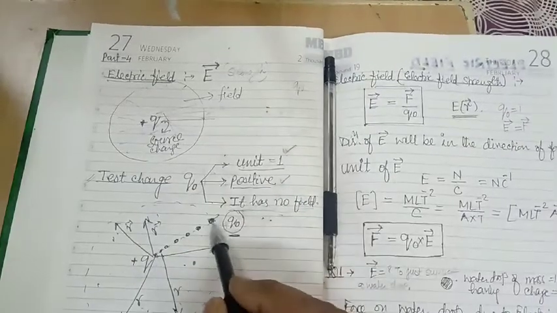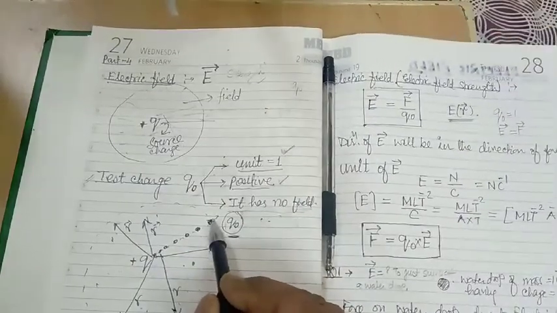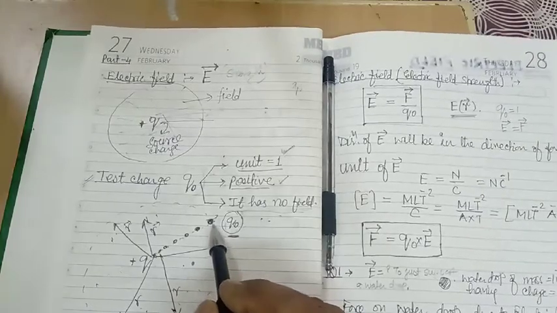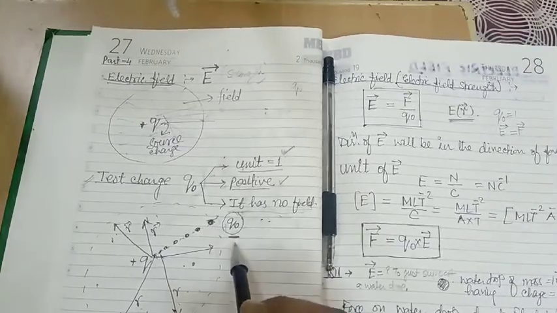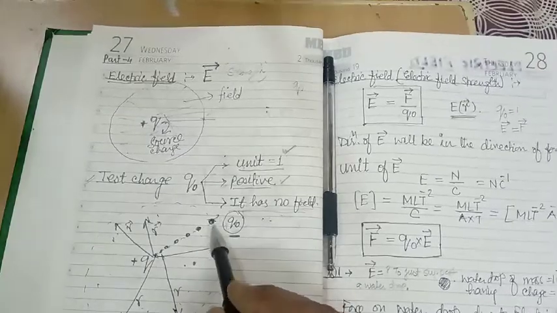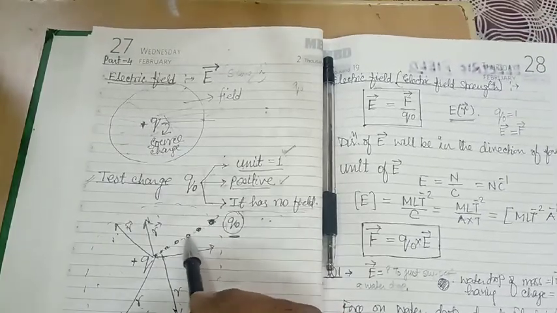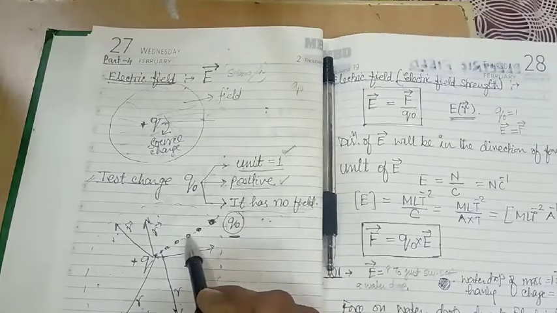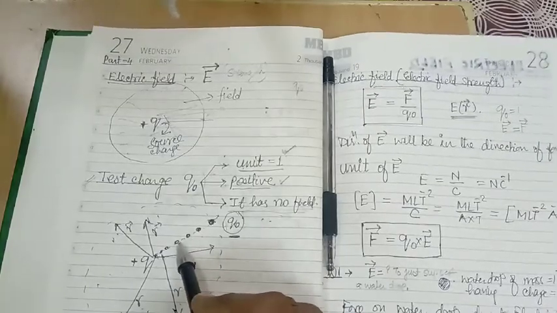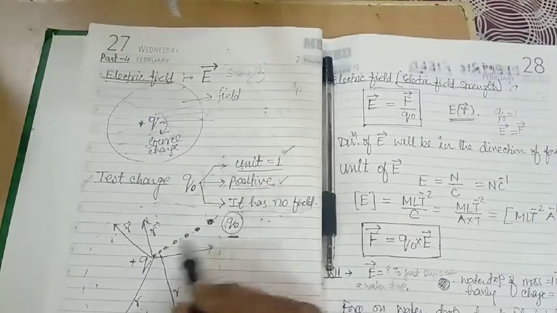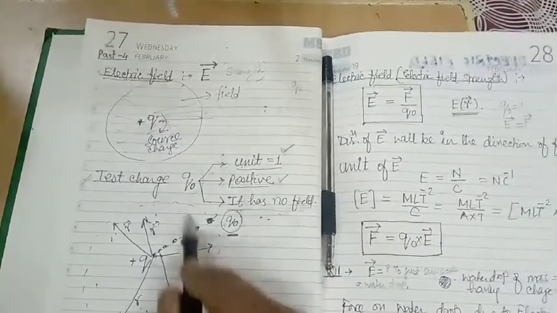But as we come to this point, where the field starts, it will experience a force of repulsion because its nature is also positive. And as we come closer to it, it will experience more force and more force. This is not in only one direction, but in different directions.